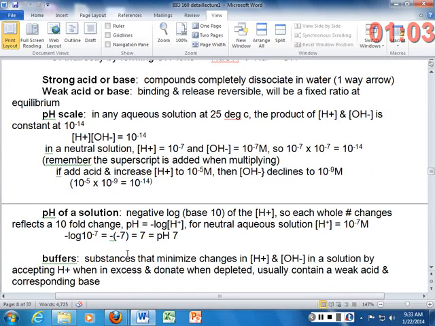So the negative log of 10 to the negative 7 is going to give you the 7 on there, since negative times negative gives you a positive. That's where the math comes from for the pH scale. So if you change the concentration of the amount of hydrogen ion or hydroxide ion, that's going to change that number for the log.